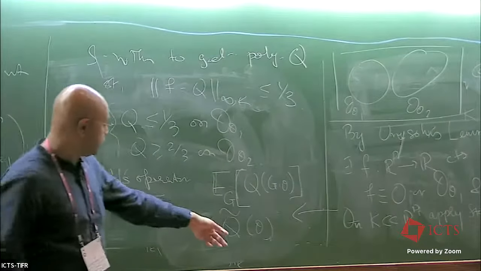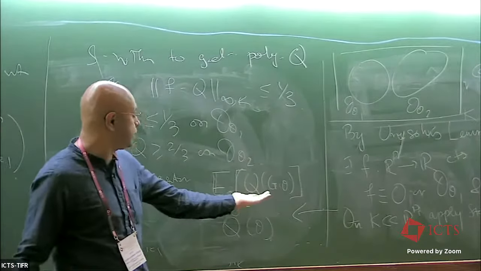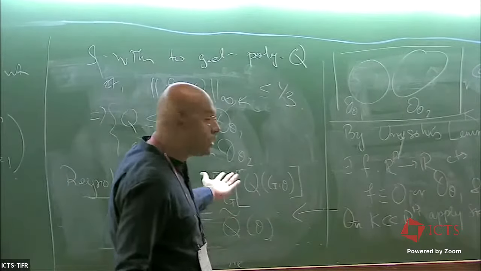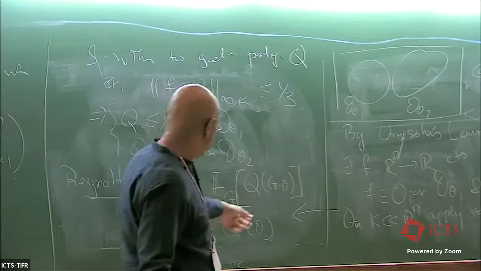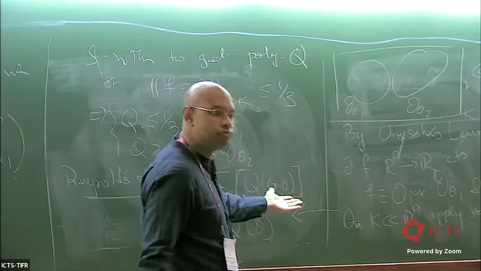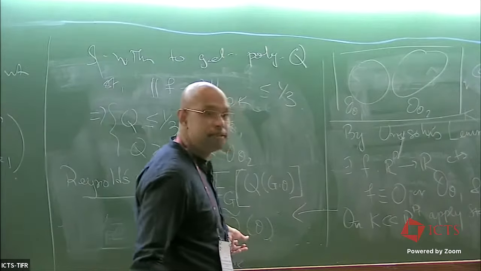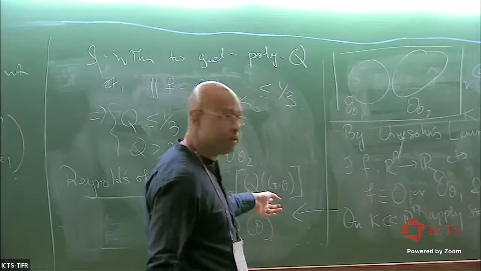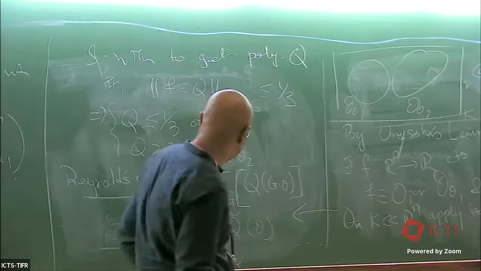So if you look at this expectation as a function of θ, it is a polynomial Q tilde of θ, basically of the same degree as Q. And because of the way it is defined by averaging over the group G, Q tilde is almost by definition a G-invariant polynomial.